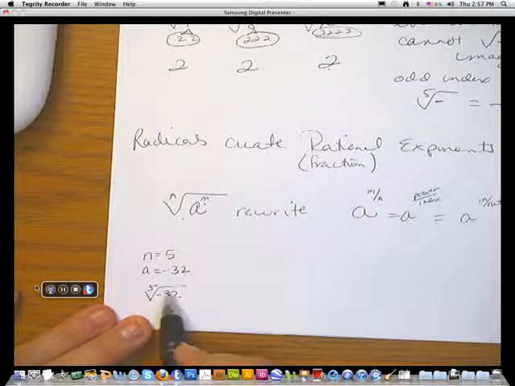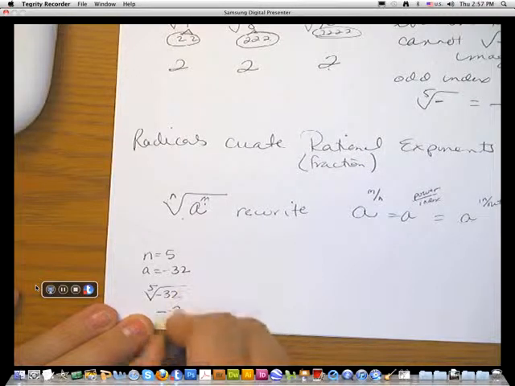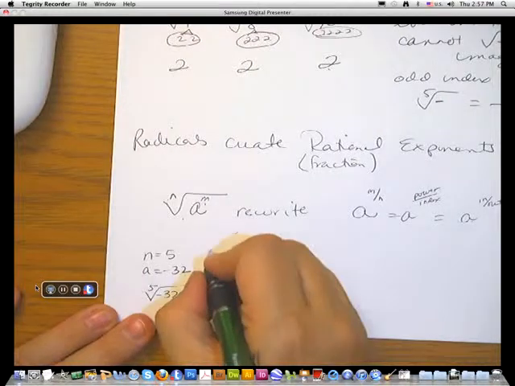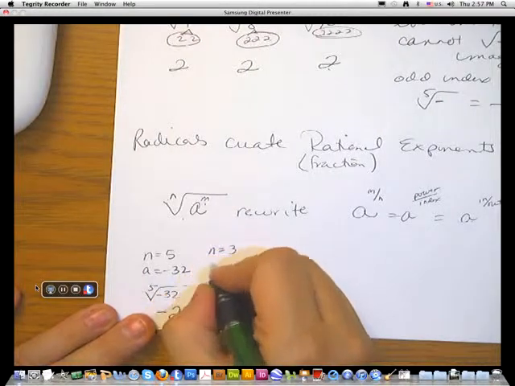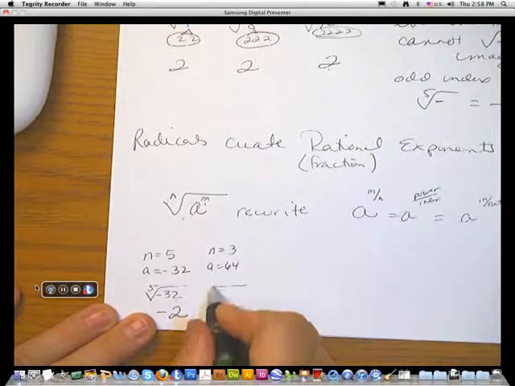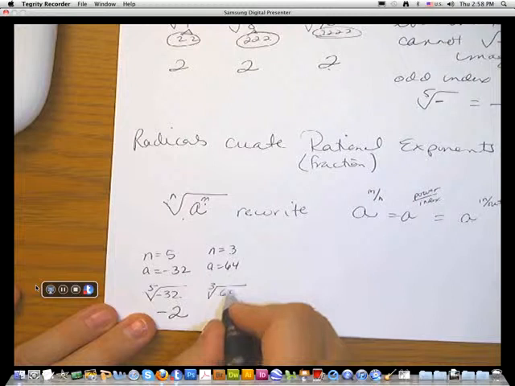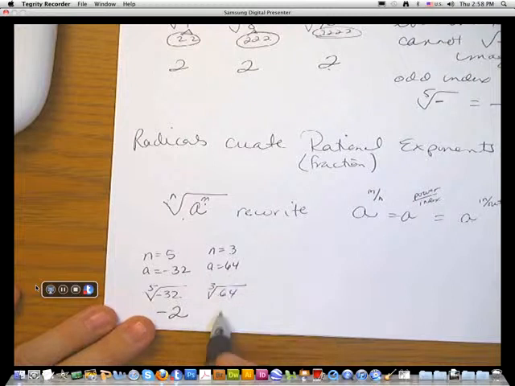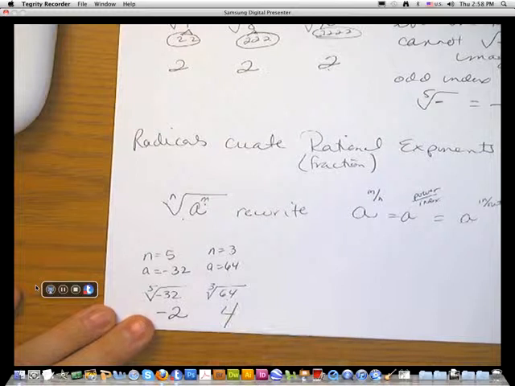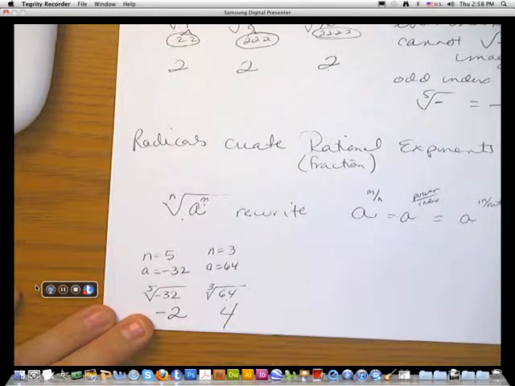What 5 things make up 32? Negative 2. So saying if I have n is 3 and a is 64, 3 is the index, 64 is the base. What 3 things make up 64? 4.